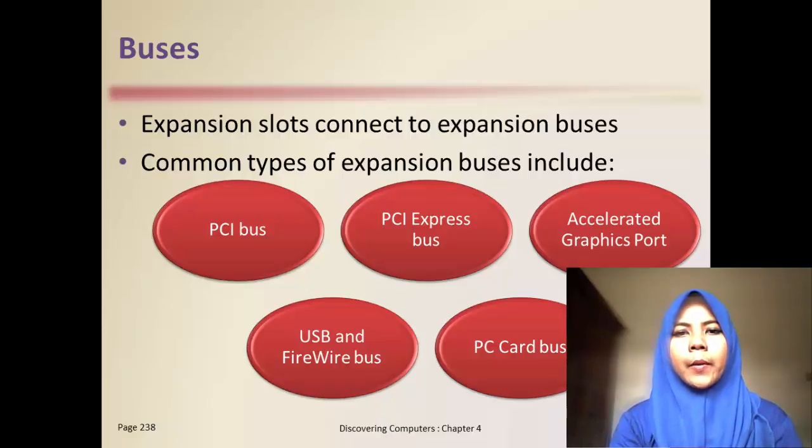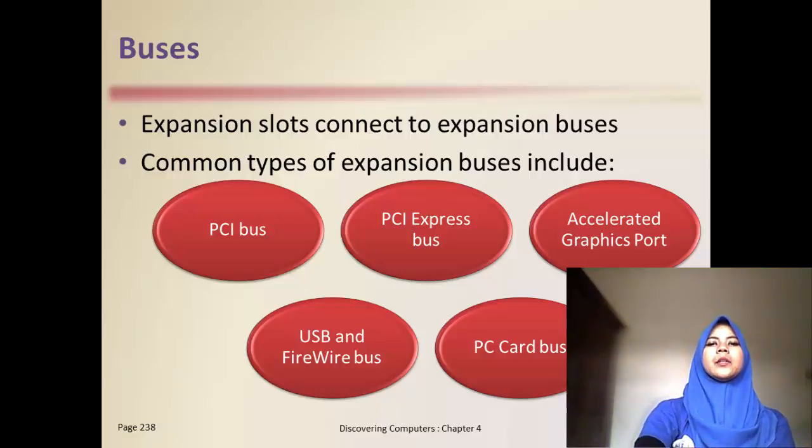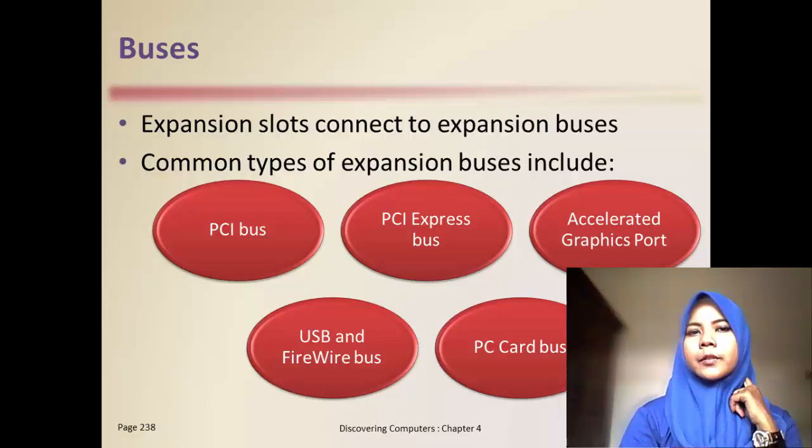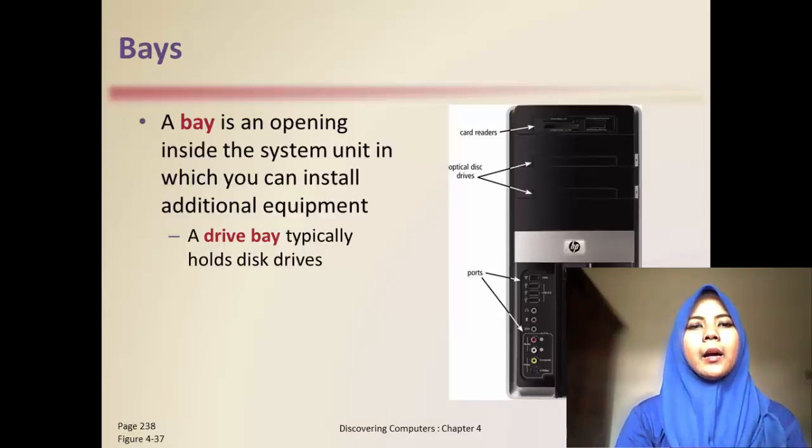Common types of expansion buses include PCI bus, PCI Express bus, Accelerated Graphics Port, USB and FireWire buses, and PC Card bus. A bay is an opening inside the system unit in which you can install additional equipment. A drive bay typically holds disk drives.